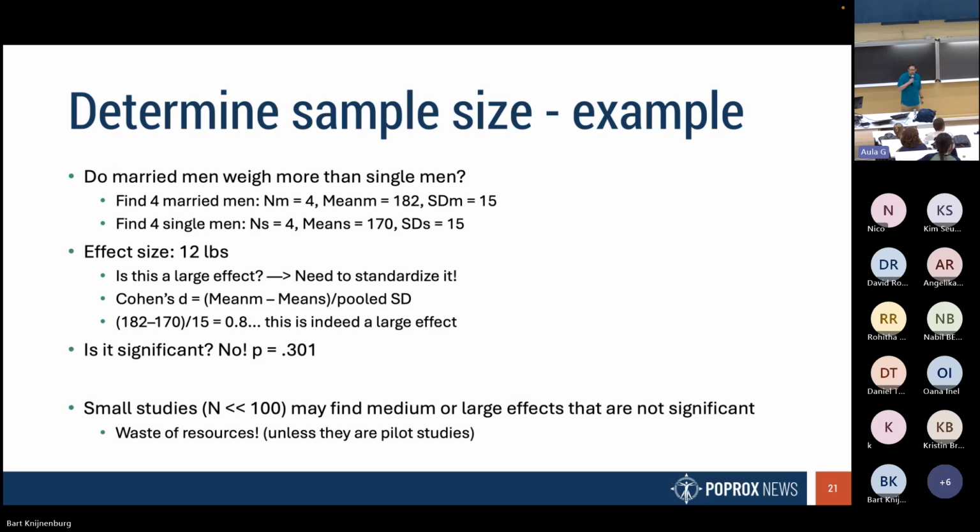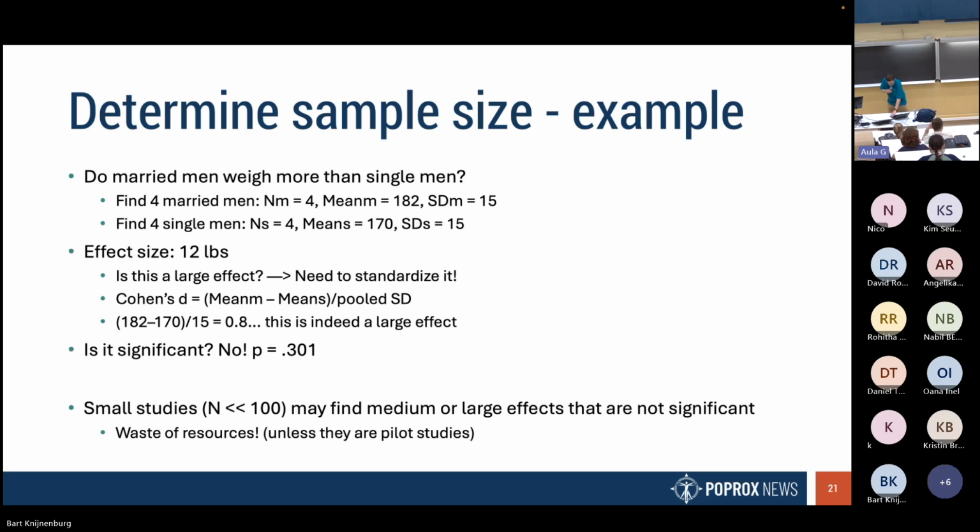Is that a large difference? Intuitively, that's like 6 kilos, right? That's quite a bit. You can even standardize it. You divide it by the standard deviation, and you get a value of 0.8. Cohen says that that's a fairly large effect. But because you've only done this with 8 men, your study is not significant, right? So your sample size was too small.